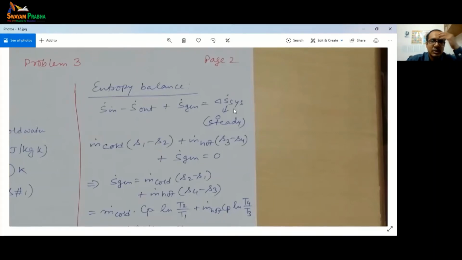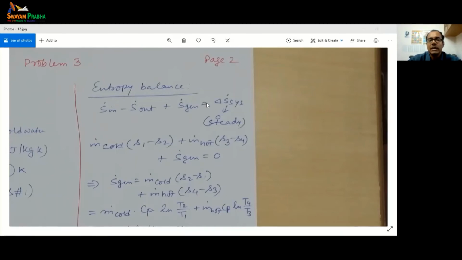So if we do the entropy balance, this is the form of the entropy balance: S dot in minus S dot out, that means the flow entropy rate at inlet minus flow entropy rate at outlet, plus the generation term. This is tricky all the time.